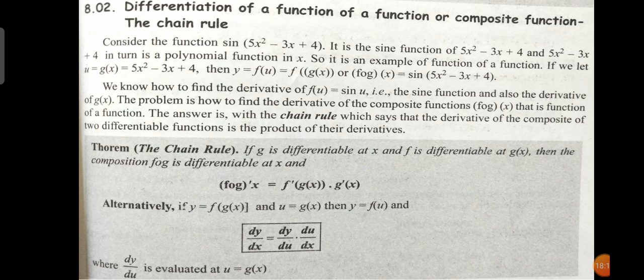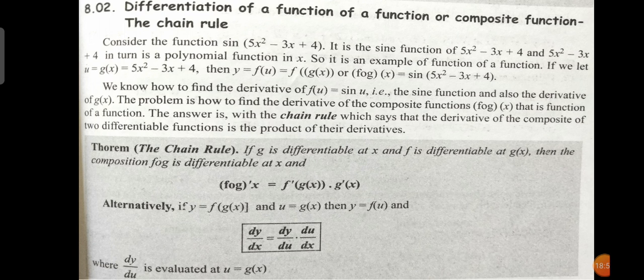Okay, that is, g is differentiable at x and f is differentiable at g of x, then the composition f of g is differentiable at x, and f composition g dash x is f dash of g of x into g dash of x. Alternatively, y is f of g of x, and u is g of x, and y is f of u.